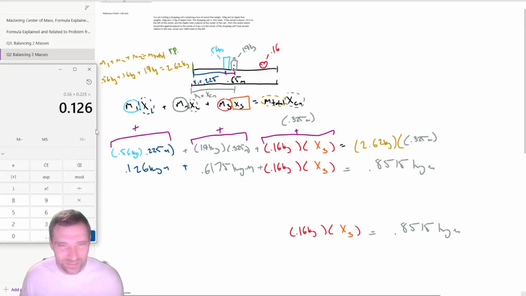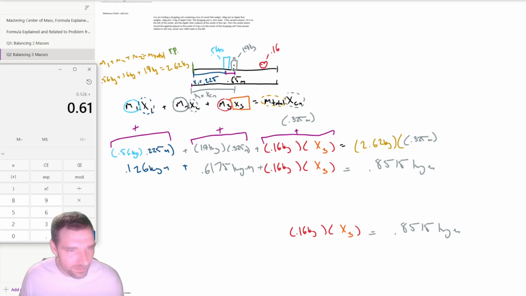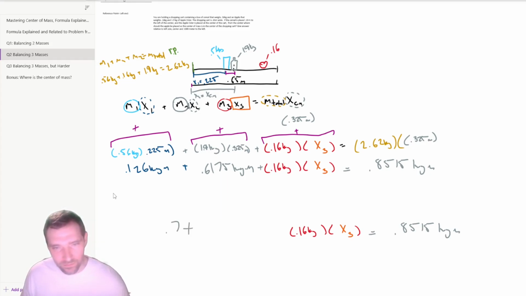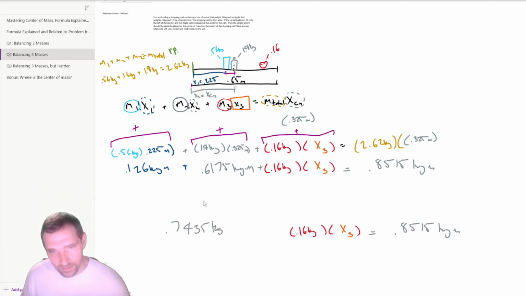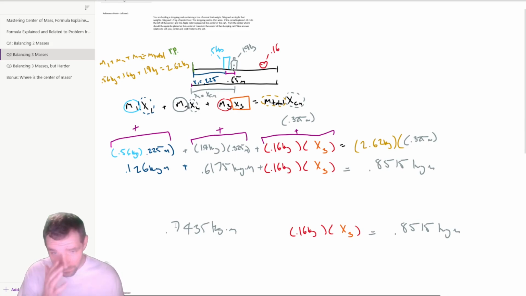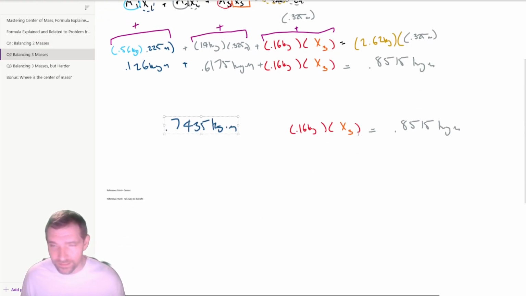So if we actually use this correct value here, we can get 0.6175, and 0.7435 kilogram meters being equal on this side plus that displacement and mass to the center of mass.